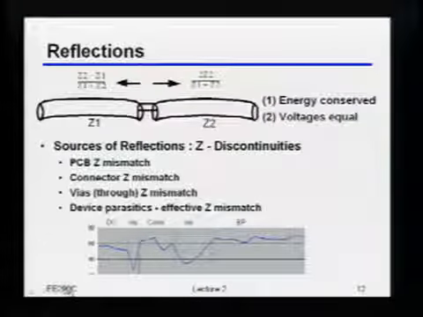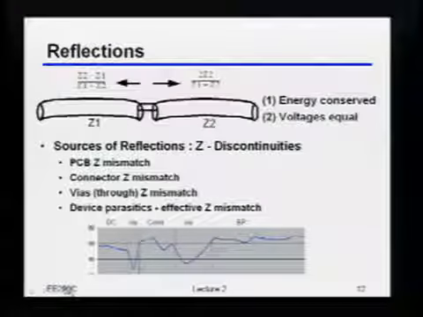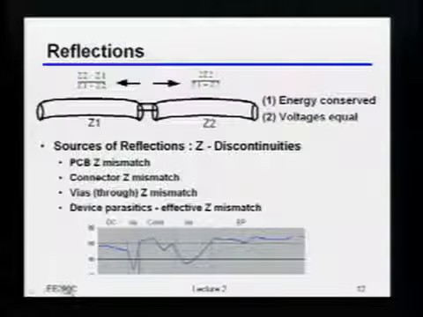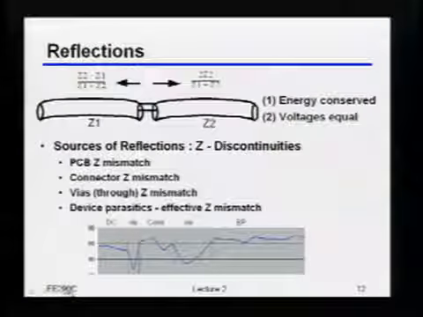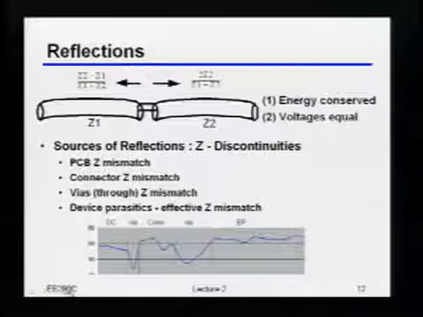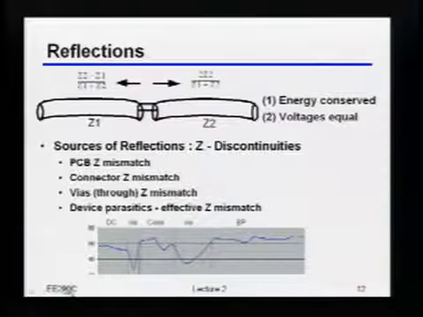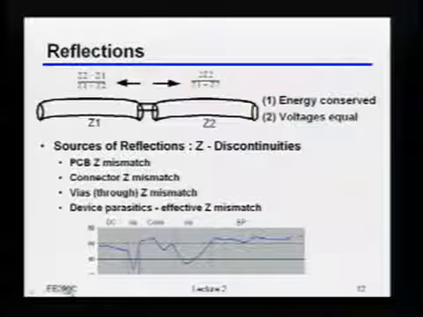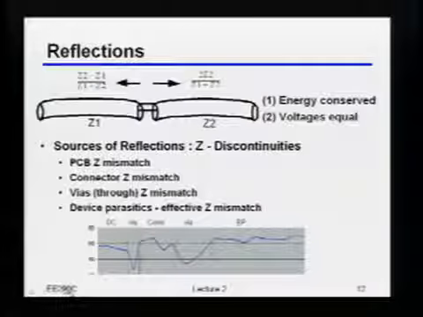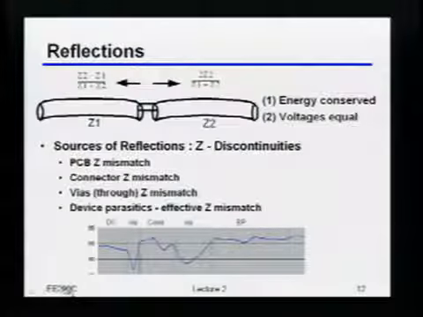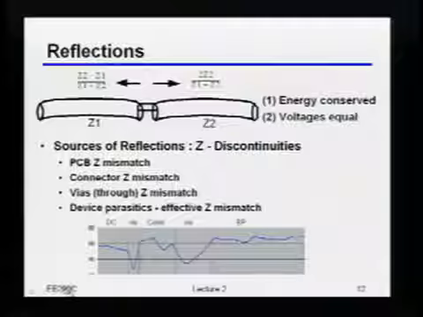But if by the time you get to the receiver you hit some other characteristic, for example, maybe just another transmission line with a different characteristic impedance, somehow you have to balance things out. You have to send information back to the transmitter to say, oh no, by the way, you're not actually talking to a 50 ohm line, you're talking to 100 ohms load resistance or something like that.